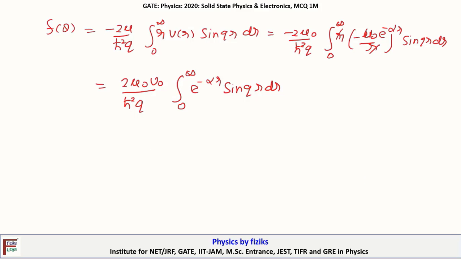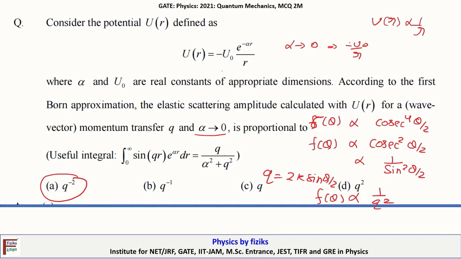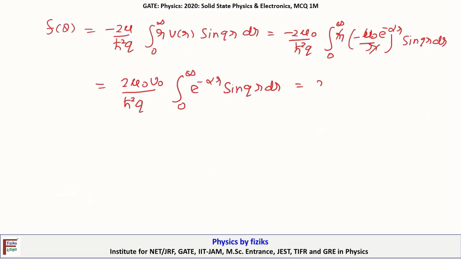The value of this integral is q by (alpha square plus q square). So it is 2 mu U0 by h square q into q divided by (alpha square plus q square).